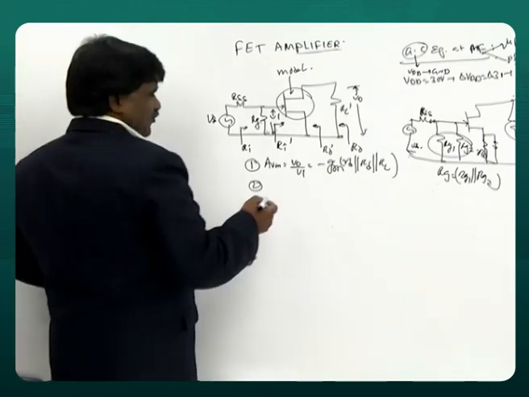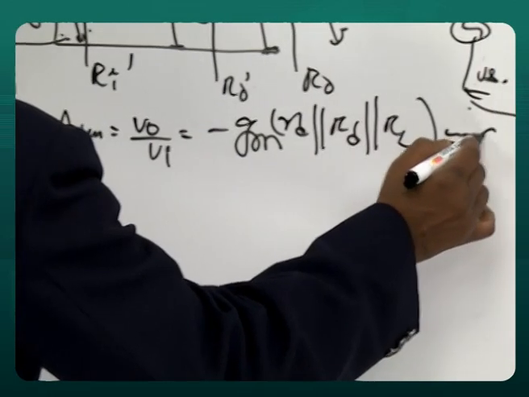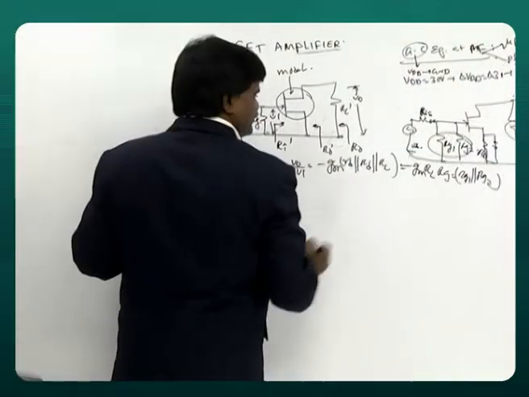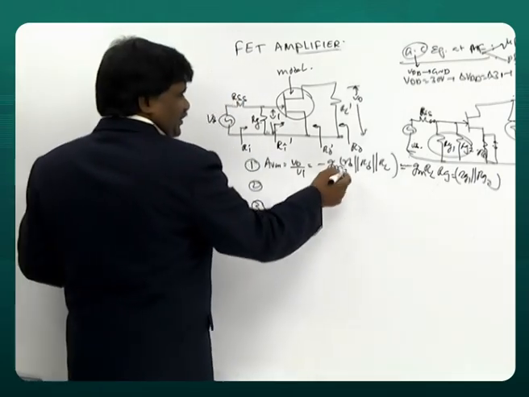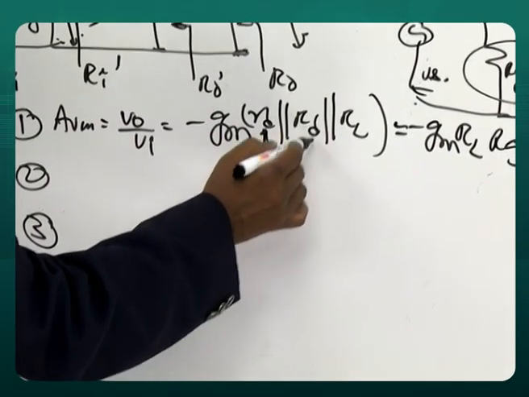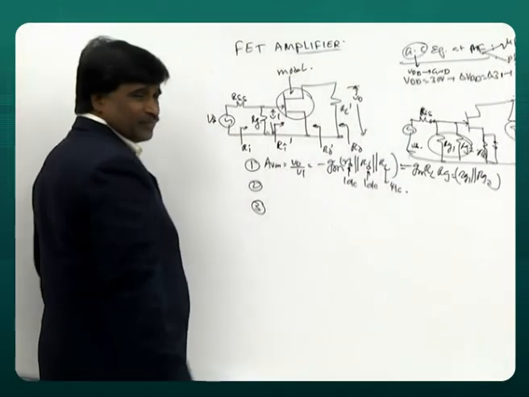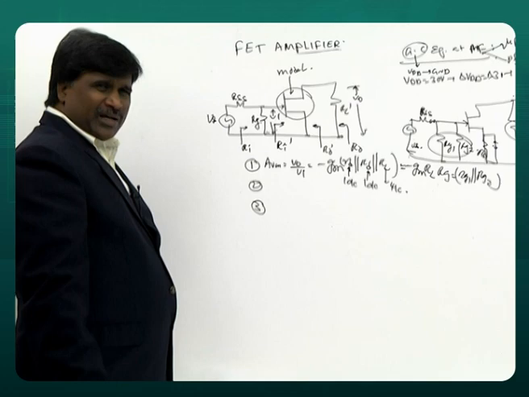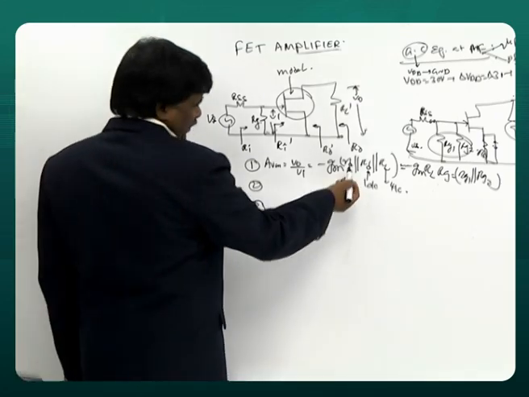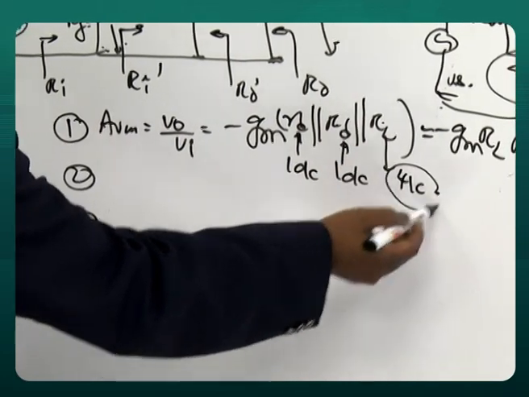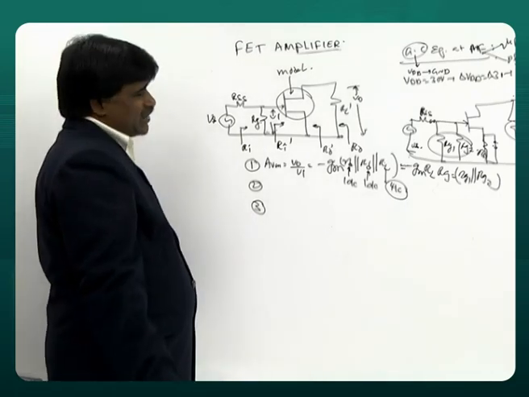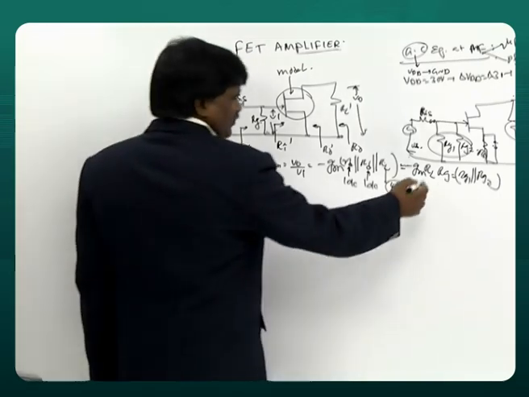In fact, this is approximately minus Gm RL. Why? This is 10 kilo, this is 10 kilo, this is 4 kilo. What do you mean by parallel combination? When you take a parallel combination of many things, the least one comes. That's why I said simply GMRL.